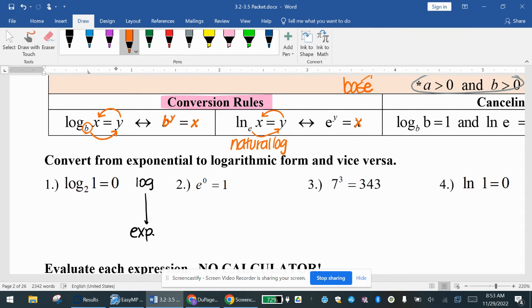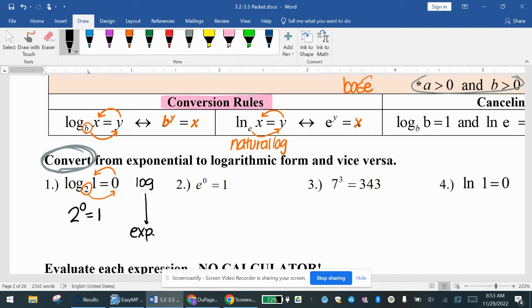So this is what I like to call whoop whoop. So I'm going to rewrite this whoop 2 to the 0 power and then set it equal to whoop the argument. That's it. That's how you convert. Remember, the directions said convert. That's all we're doing, converting. That means rewrite it.